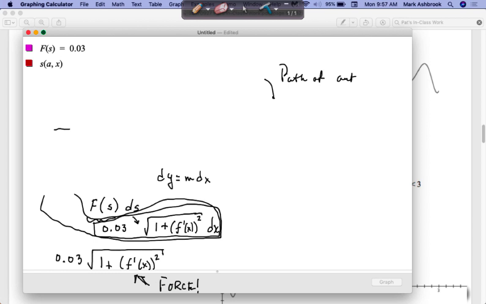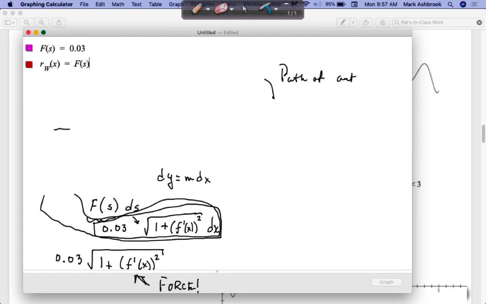A comma x. So we can just put the rate in. So the rate of work with respect to x is 0.03 times what?